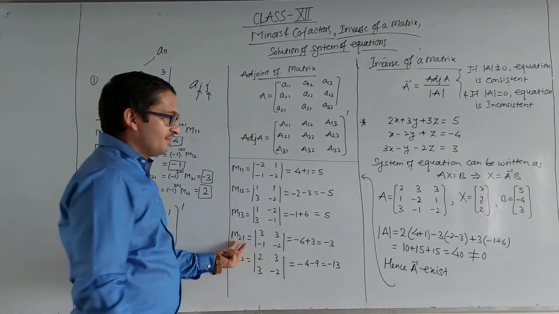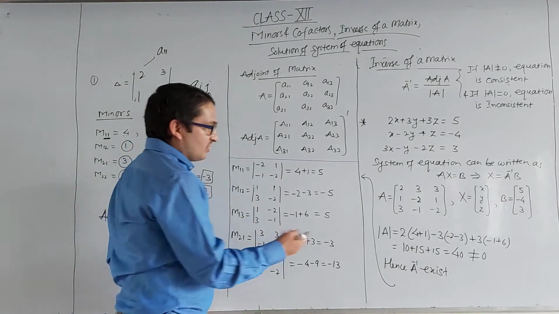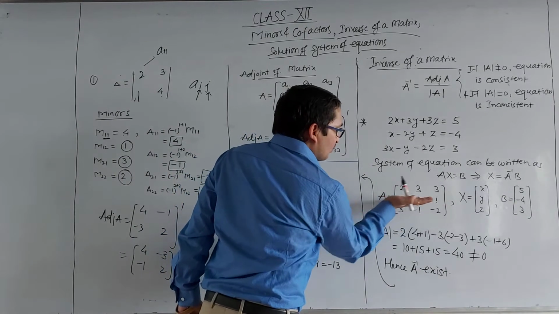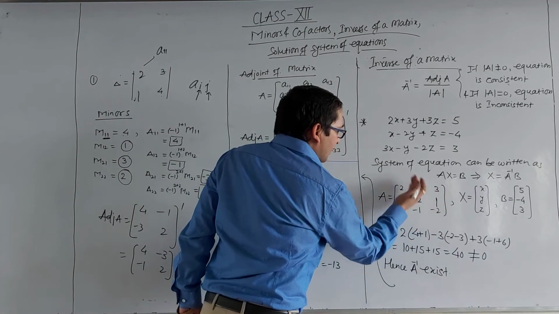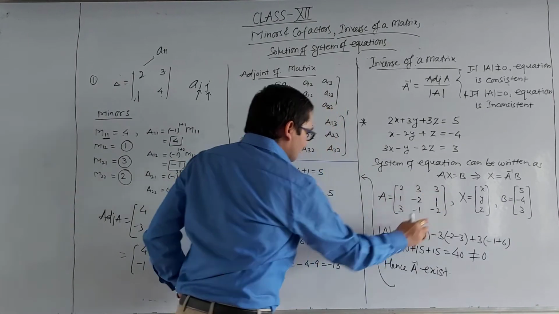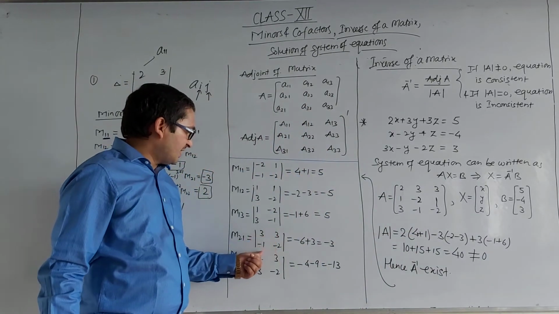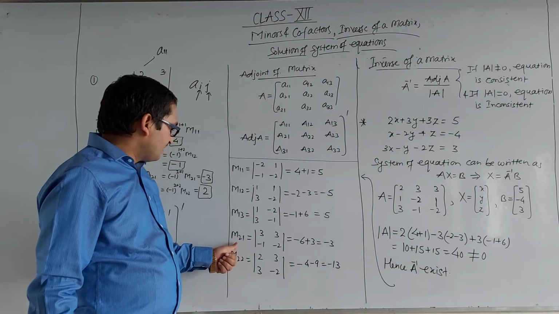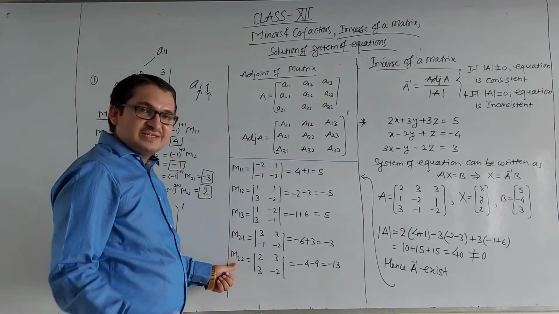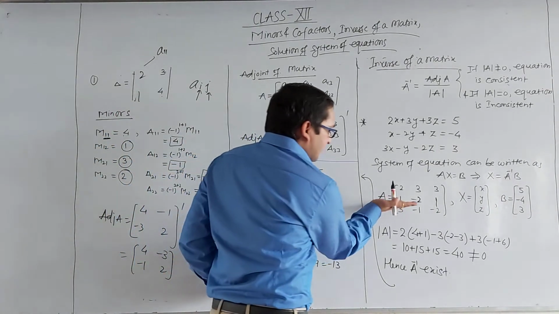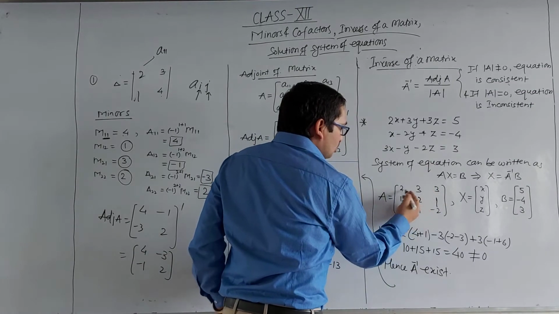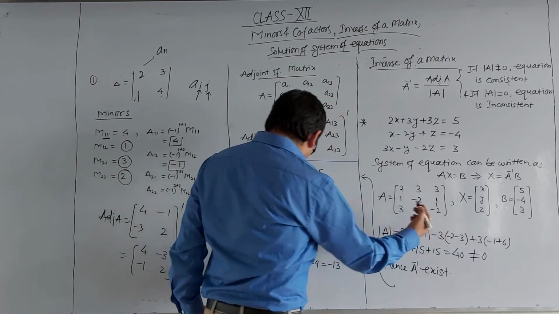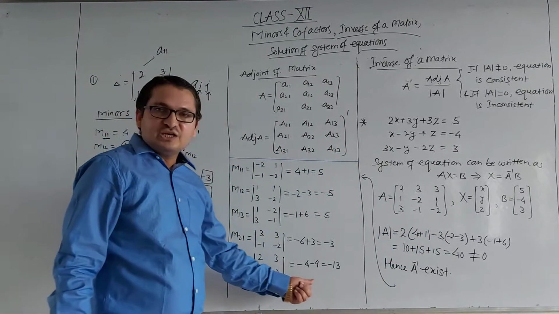Now M21, second row, first column. You have to cover the second row and first column. 3, 3, minus 1, minus 2. You will get this one. Now M22, second row, second column. So 2, 3, 3, minus 2, and then simplify, you will get minus 13.